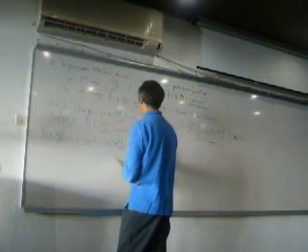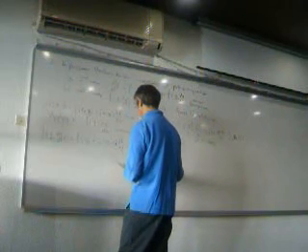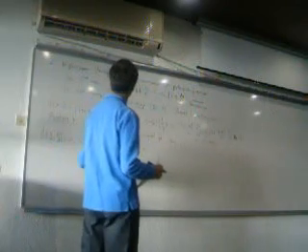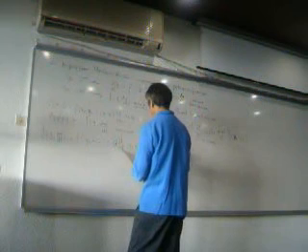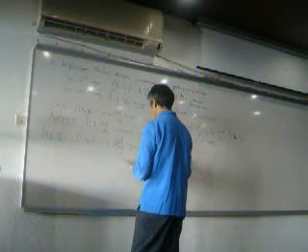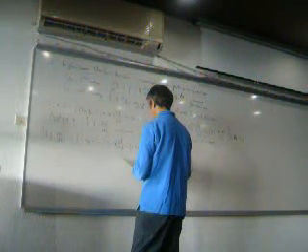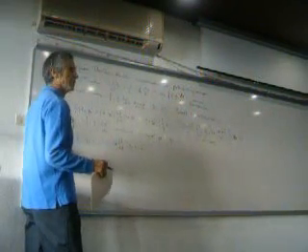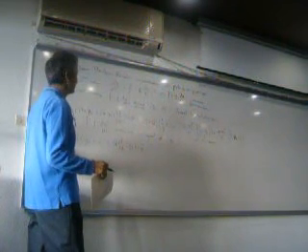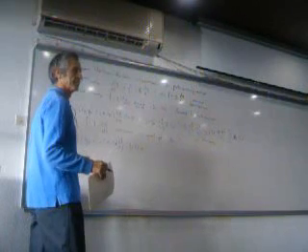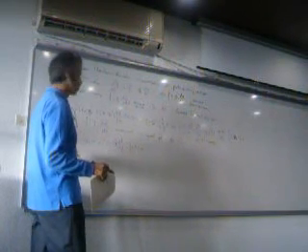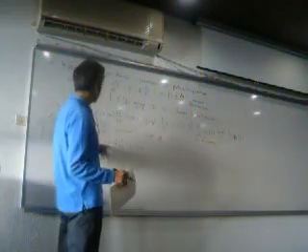Plus, what's the next one? y minus 0, which is y. So it's times what's the second variable? The second variable is dy over dt. So it's dy over dt minus 0.